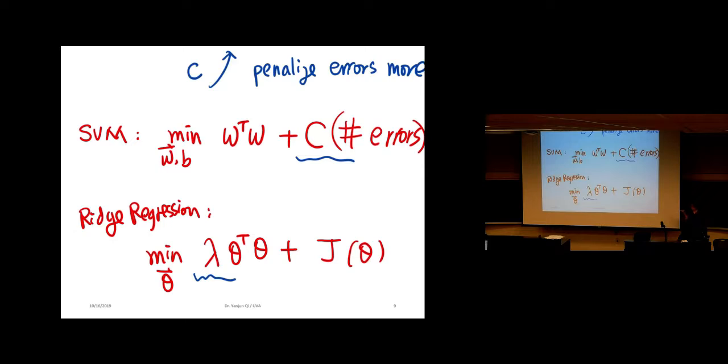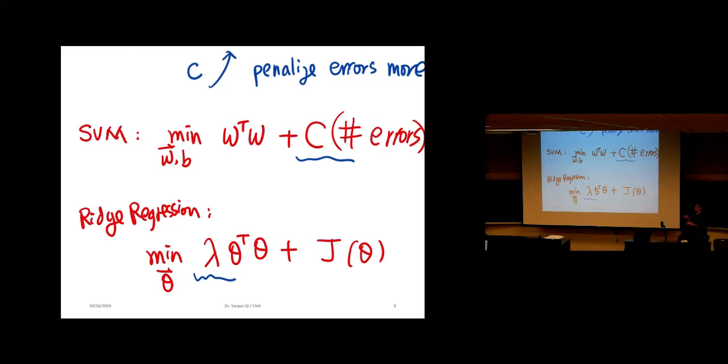And of course, they have this reverse proportional relationship, right? The larger the C, the more penalization I put on the errors, which means I don't want to make errors. If I have an extremely big C, I want to minimize the number of errors in my searched W and B as much as I can.